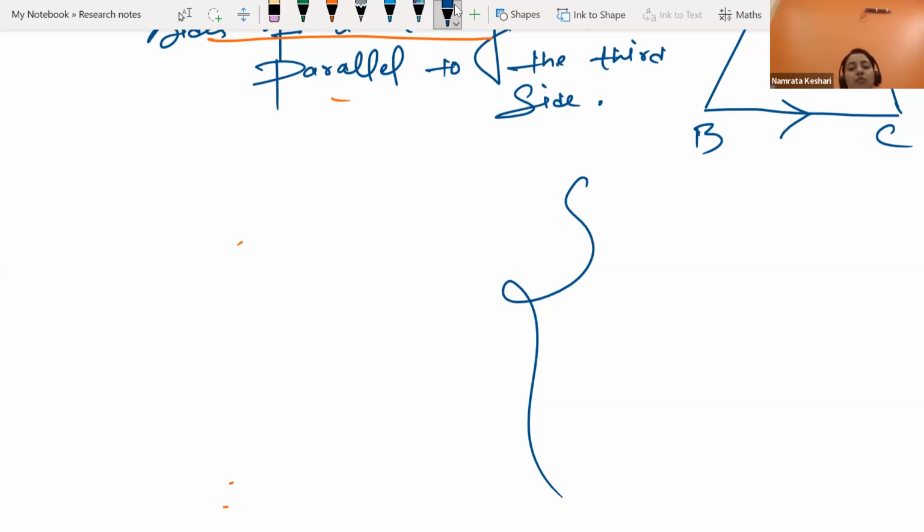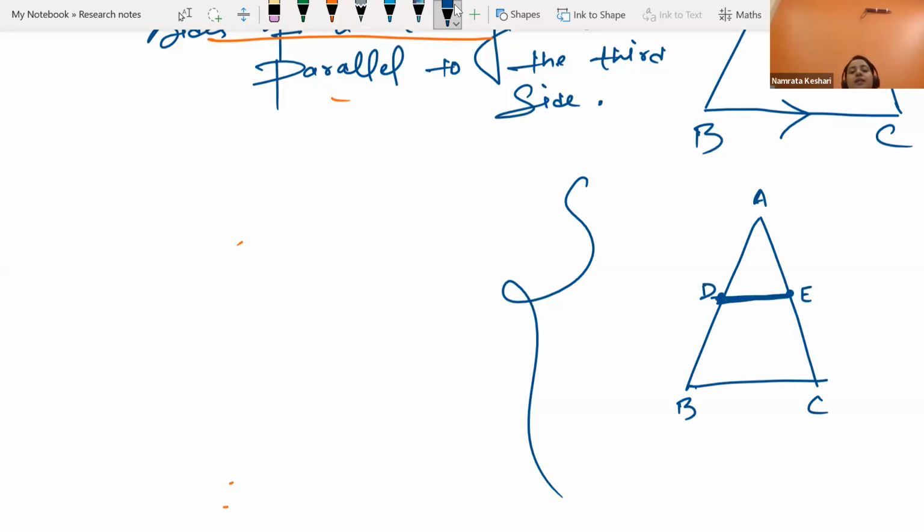So listen to me. We are having a triangle, and we have to prove that when we are joining the midpoints, suppose D is the midpoint of side AB, and E is the midpoint of AC, if we join these two midpoints, this line DE is parallel to BC.